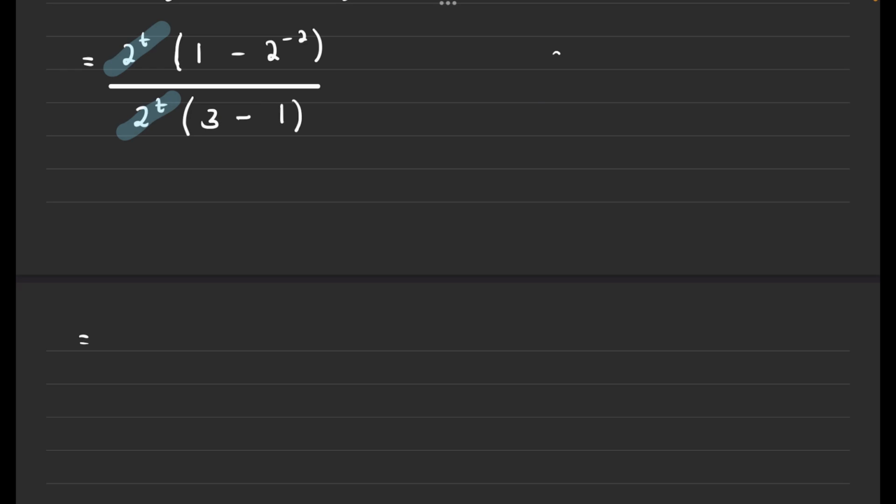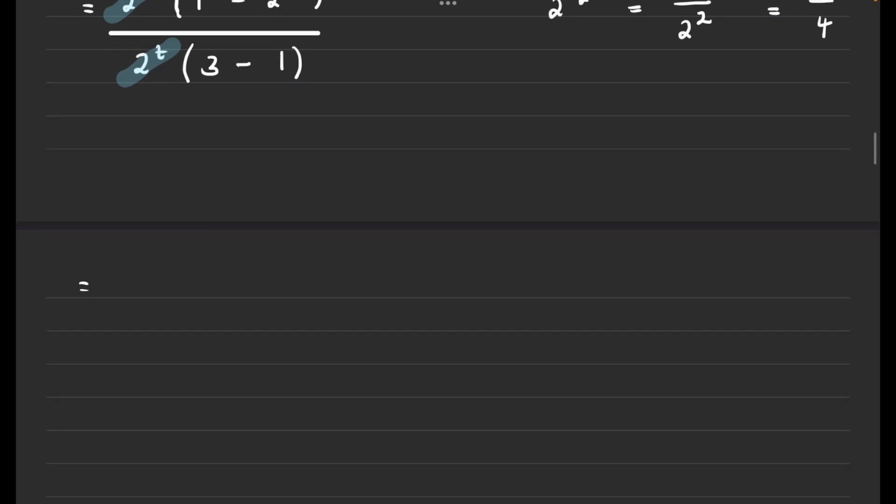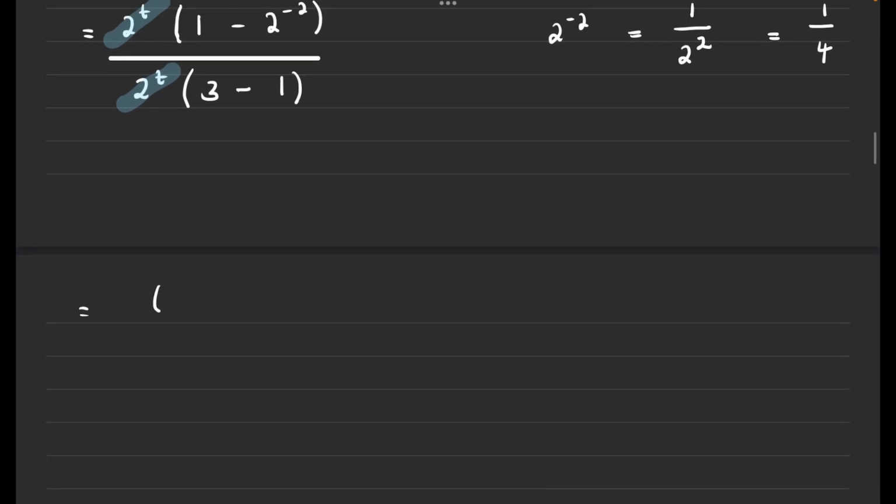Remember that 2 to the minus 2 is the same as 1 divided by 2 to the positive exponent, which is the same as 1 divided by 4. You guys see that? So basically on the numerator, I've got 1 minus 1 divided by 4.